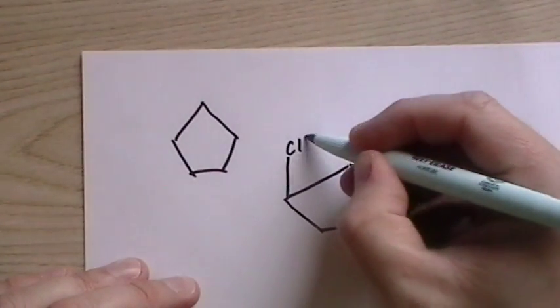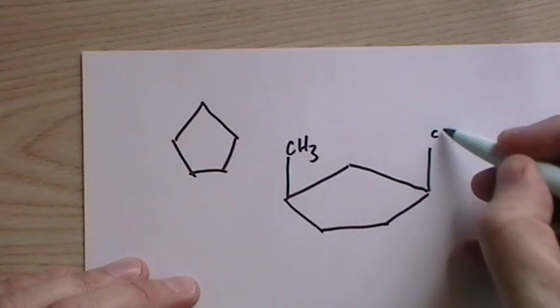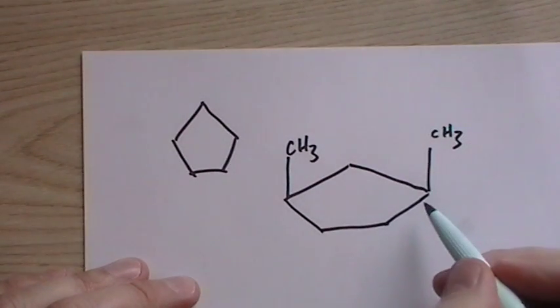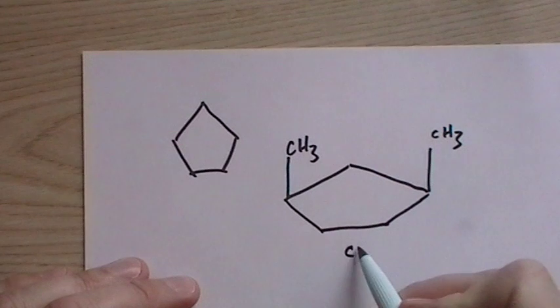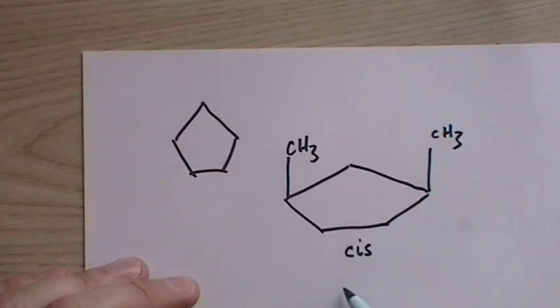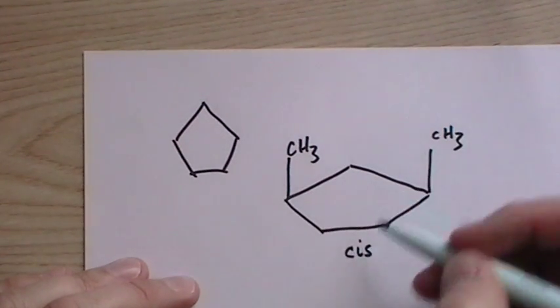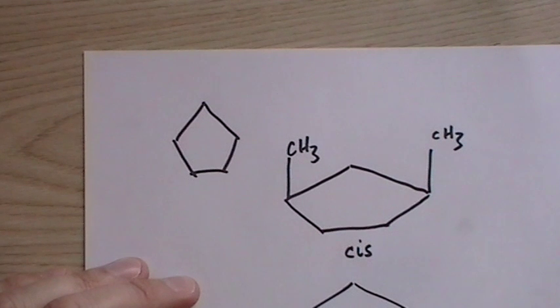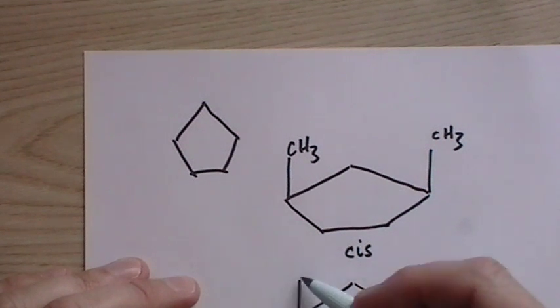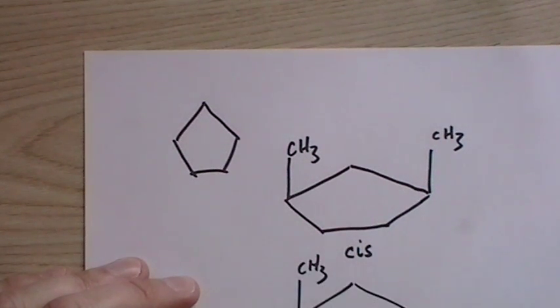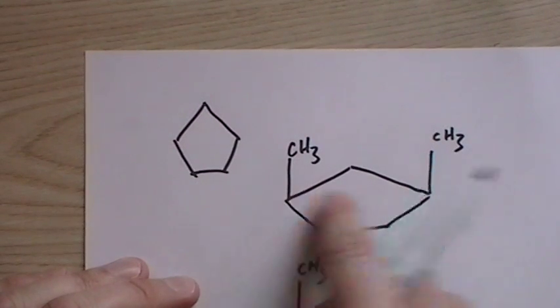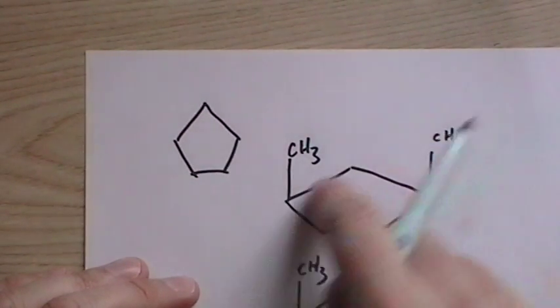So if we have a methyl group above, both above, then we call this cis. And then the other possibility is where we have one above and one below. So this would be like you had these two candle holders on top of the table.